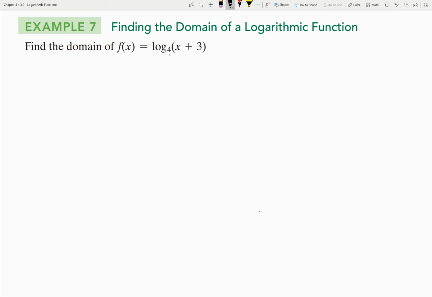All I need to say is that the inside of this logarithm must be greater than 0. So x must be greater than negative 3, which makes the domain of my logarithm, not a bracket, because I don't want it equal to 0, negative 3 to infinity.